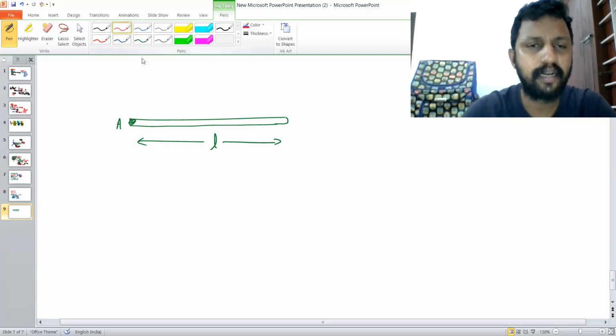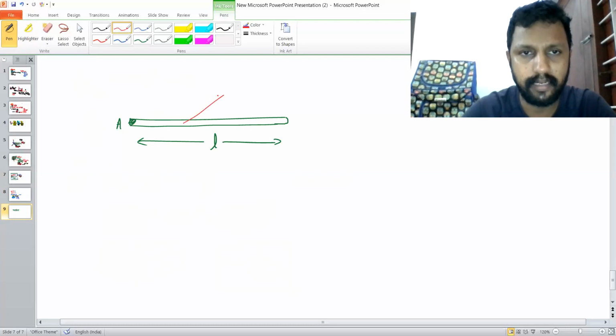This current carrying conductor is placed in an external magnetic field like this. In this current carrying conductor, there is a current passing in this direction. This is the direction of current, and current and magnetic field make an angle theta.